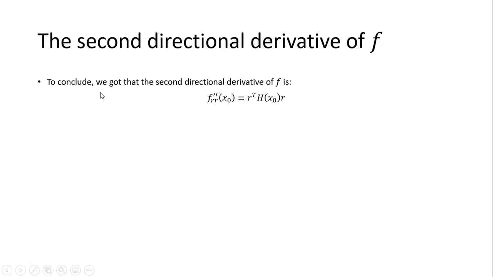So, to conclude, we got that the second directional derivative of f is r transpose Hx0 r, where r is the directional vector and H is the Hessian matrix as we defined.